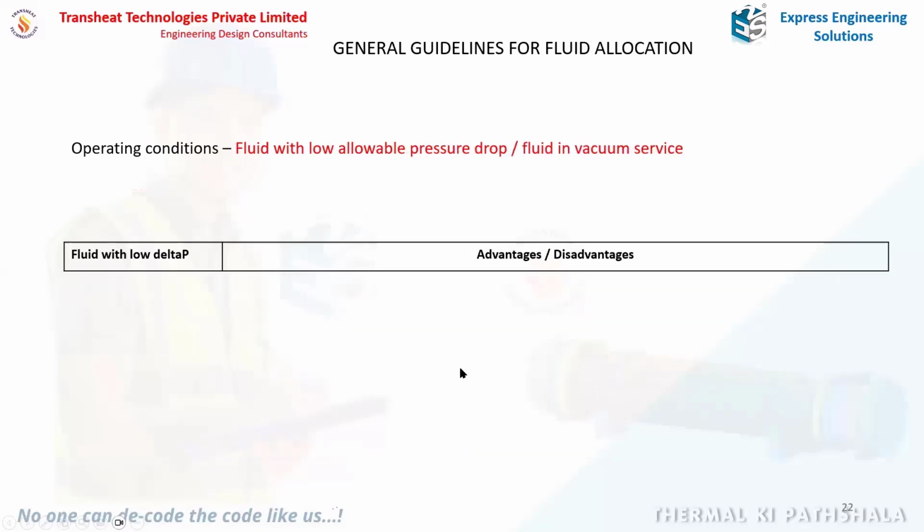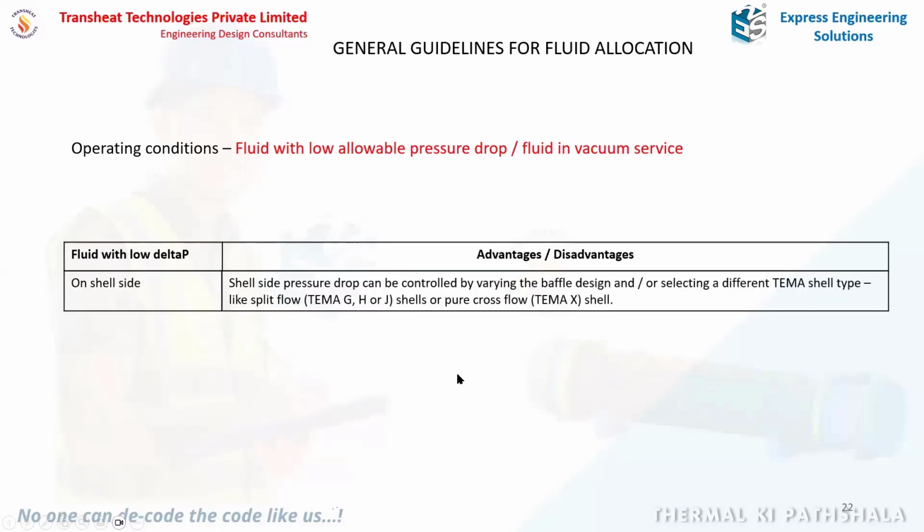Then fluids with low allowable pressure drop or fluids in vacuum service. If you place this fluid on the shell side, then the pressure drop can be controlled on the shell side. You always control the pressure drop only by varying the baffle designs, basically, or by selecting a different TEMA type of exchanger.